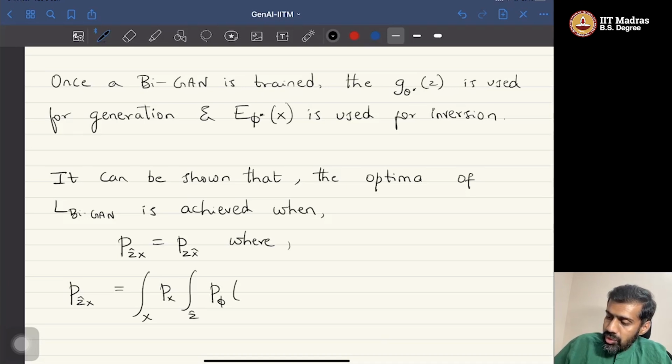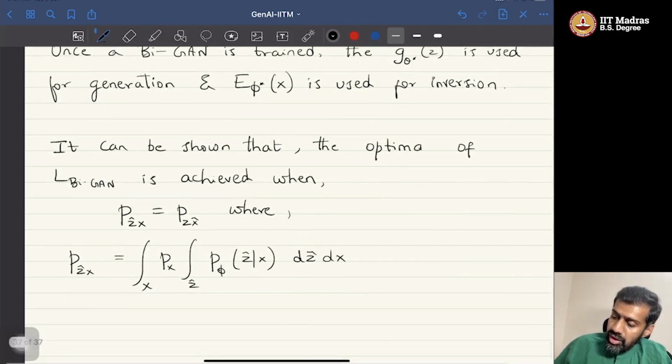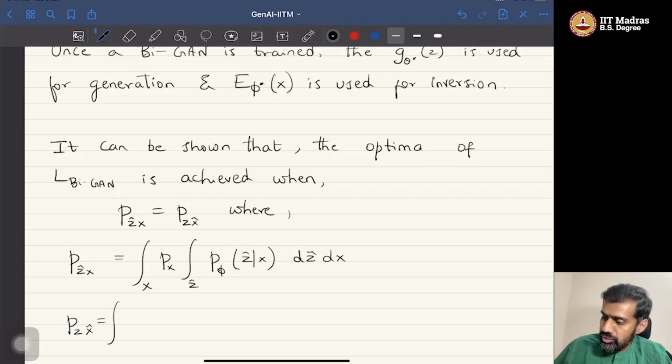The encoder is imposing a distribution p z cap given a particular x, we have dz cap dz dx, and we have p z x cap, which is the distribution that the generator is imposing over x cap. We have p theta of x cap given z, we have dx cap and dz.